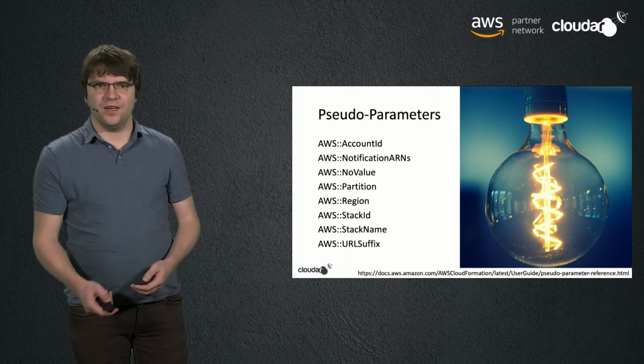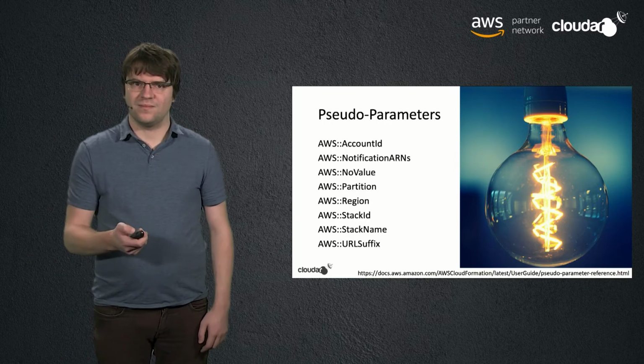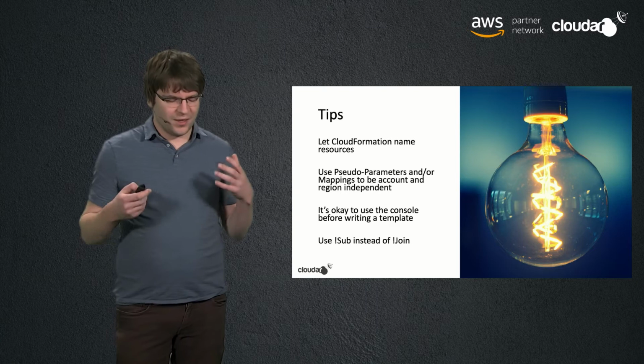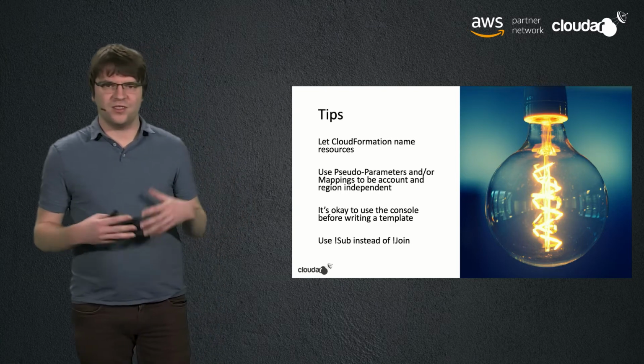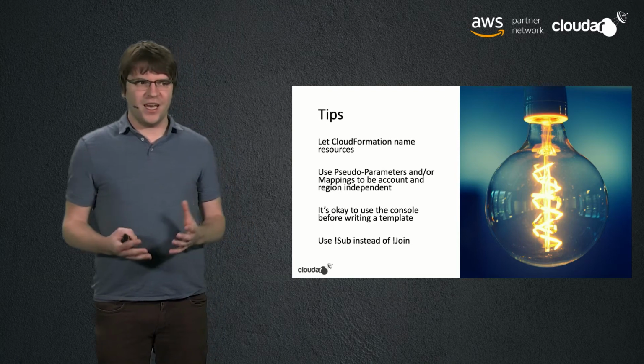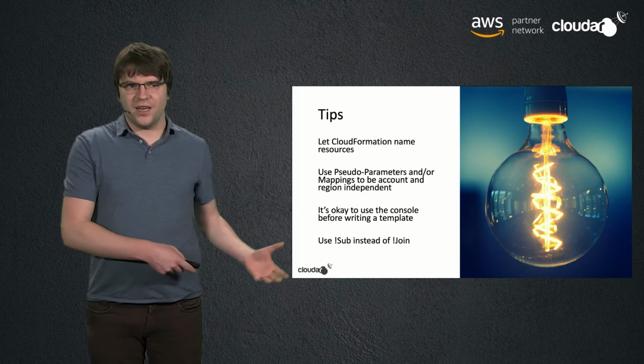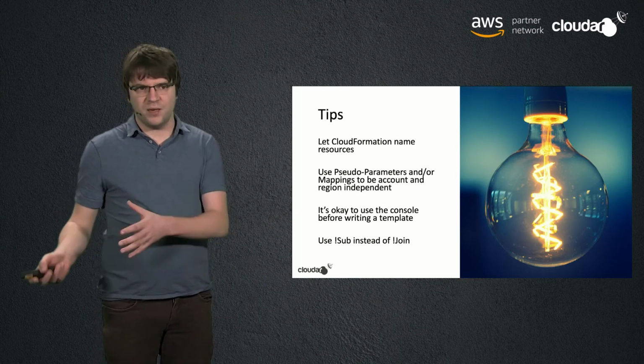One really important tip when you start writing CloudFormation is that a lot of resources have the option to specify a name. That can be, for example, a database or your S3 bucket.